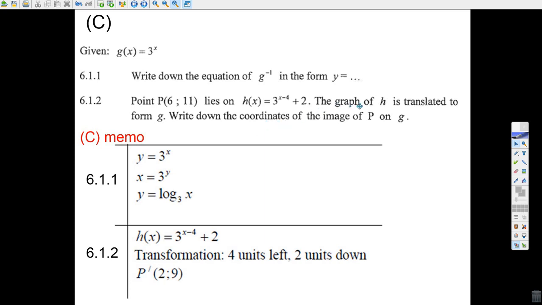It says the graph of h is translated to form g. What would I do to h to turn it into just 3 to the x? Well, I'd have to add 4 here. And when you add 4 to a parabola, what you're doing is you're moving 4 units to the left.